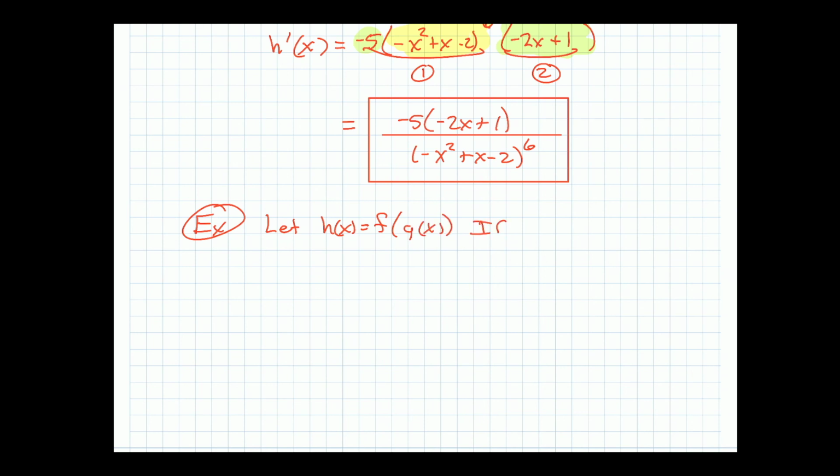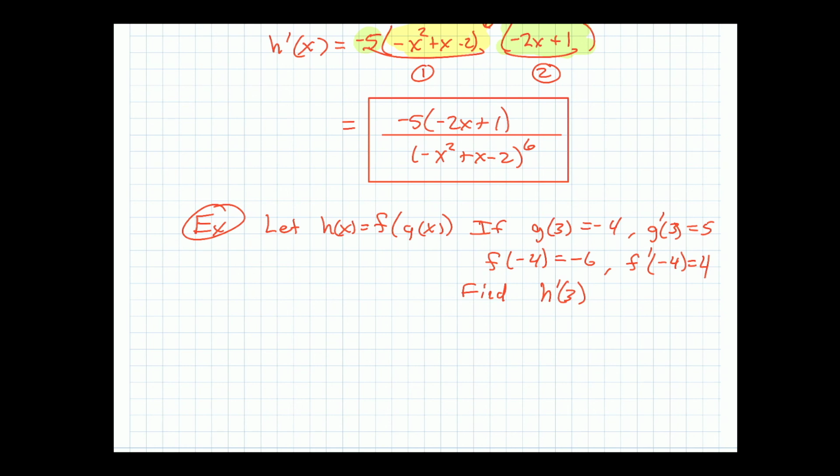If g of 3 is negative 4, g prime of 3 is 5, f of negative 4 is negative 6, f prime of negative 4 is 4, find h prime of 3.